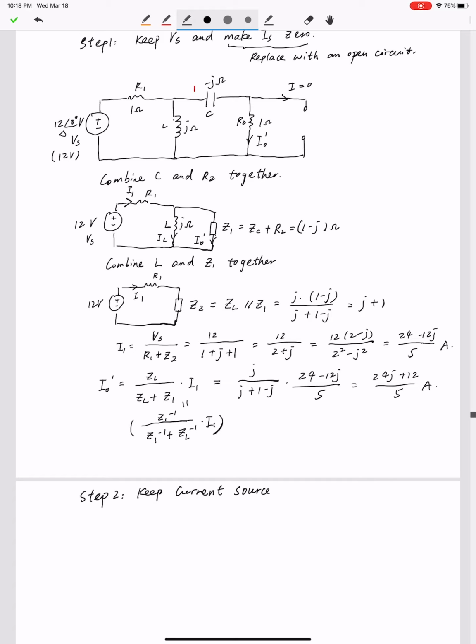Keep the current source Is and make Vs 0, right? And to make a voltage source 0, you need to replace it with a short circuit.